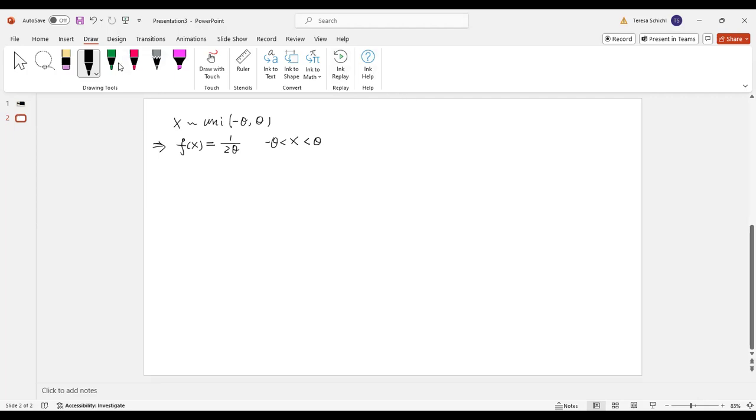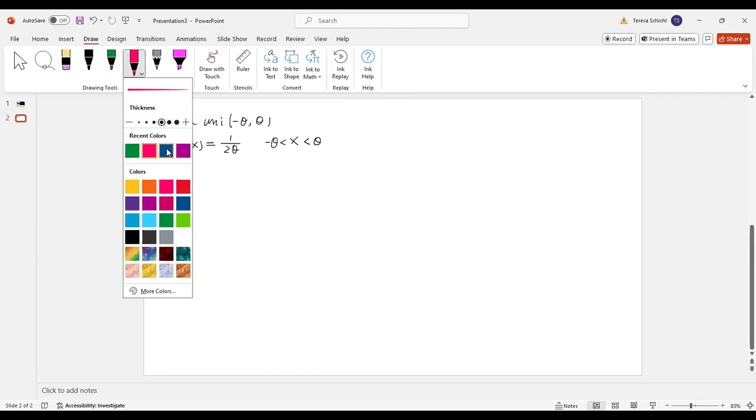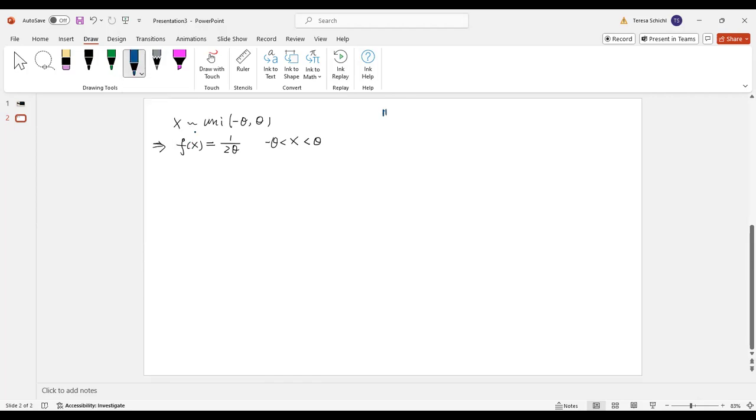So let me write here the definition of completeness, in case you don't remember it. Completeness means that the only unbiased estimator of 0 is 0 itself.